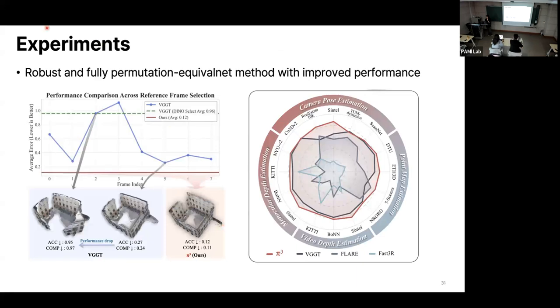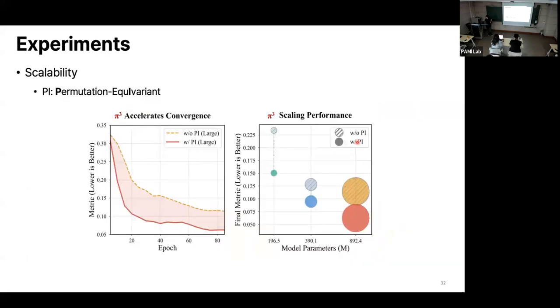And let's start the experiment section. Pi cube shows robust and fully permutation equivariant results, as I previously shared here. They also show state-of-the-art performance across various datasets and evaluation metrics, and they show the scalability of their method.